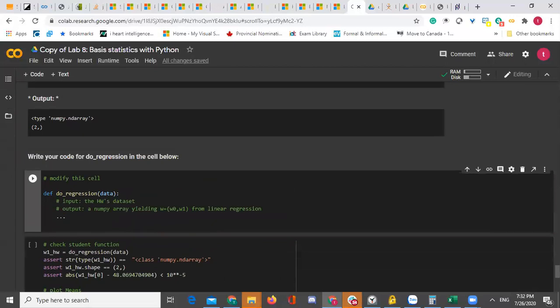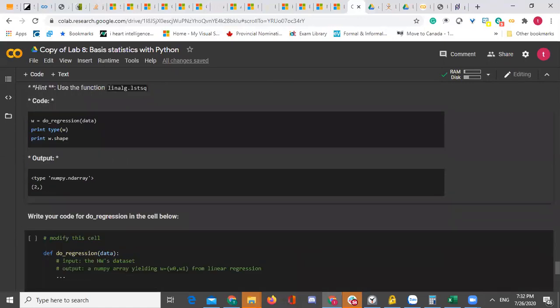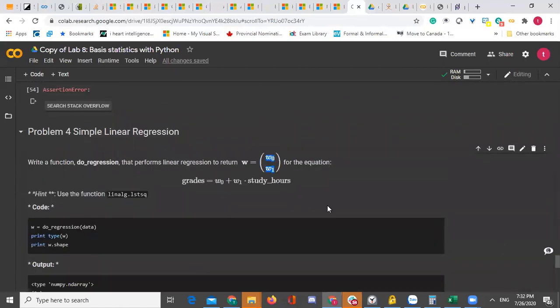So it takes the data and the study hours. So basically, it's the data times the study hours, right?